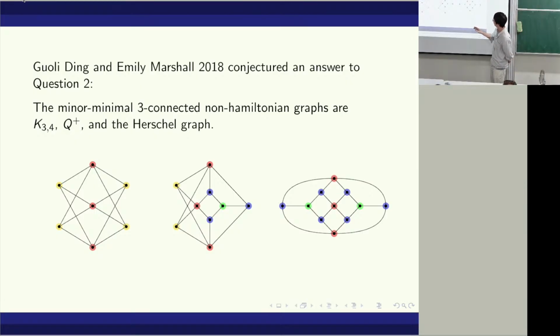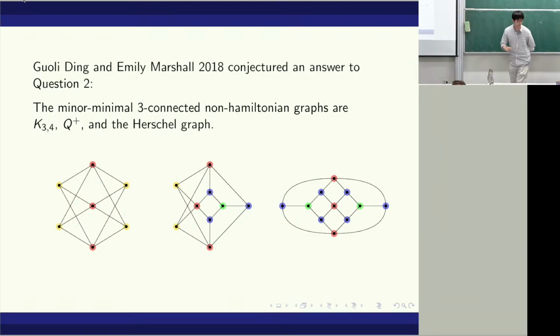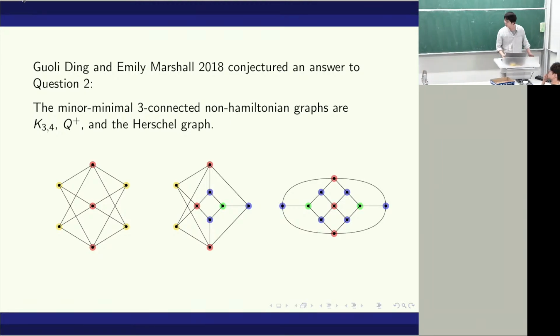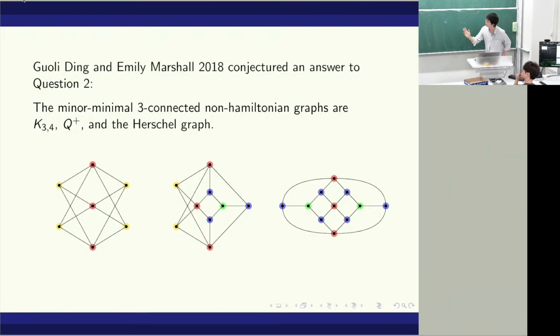And you can also say that we just take half of the Herschel, put it here, and half of the K3,4 and put it here. This produces the graph Q plus. So that is the conjecture of Ding and Marshall, a conjecture about how to characterize the minor minimal three connected non-Hamiltonian graphs.